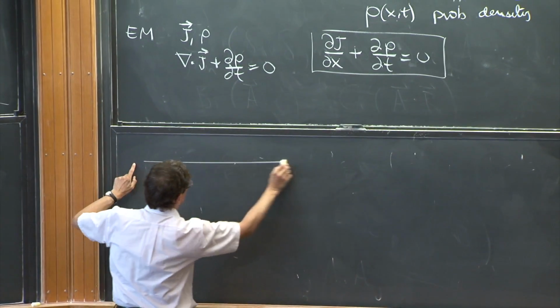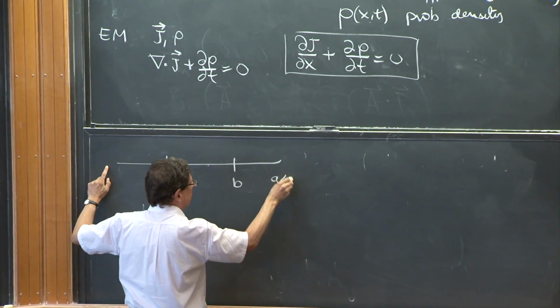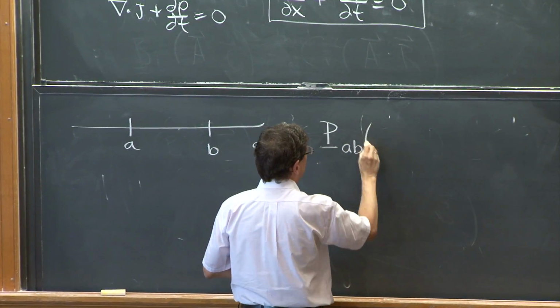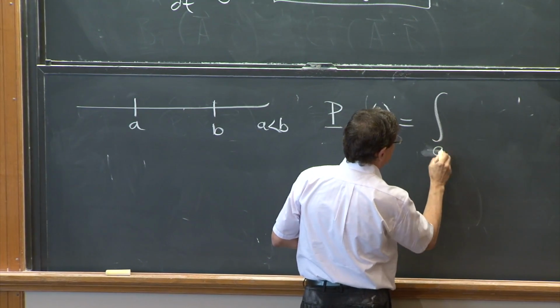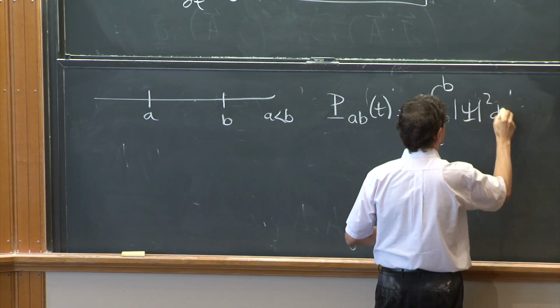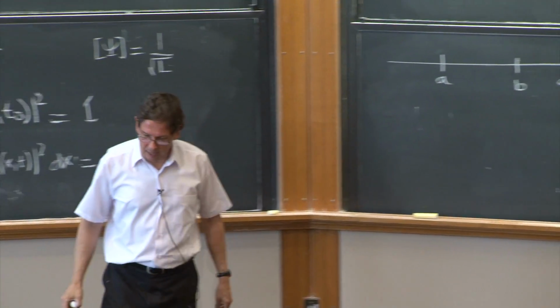Consider the real line and a point A and B with A less than B, and define the probability P_AB of t of finding the particle in this interval between A and B at any time.